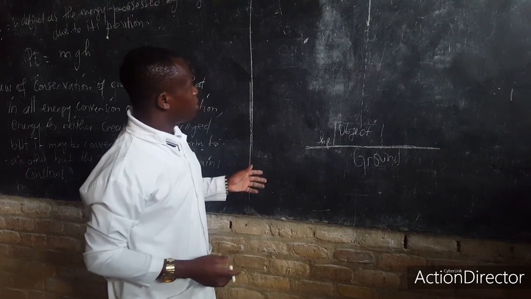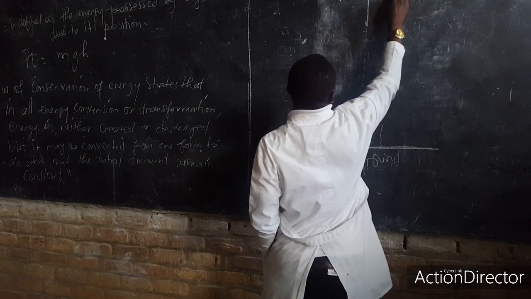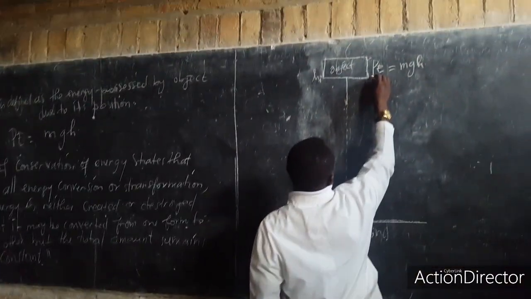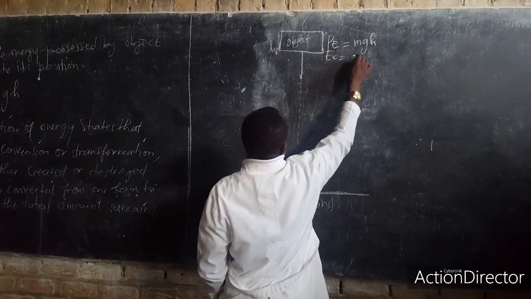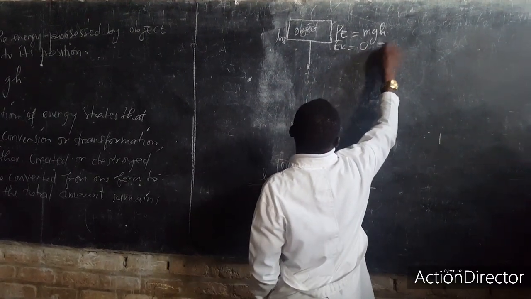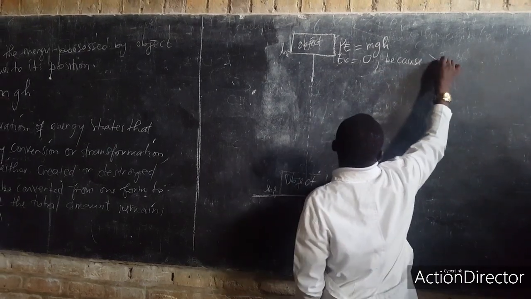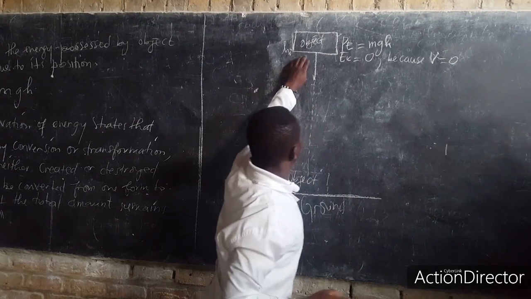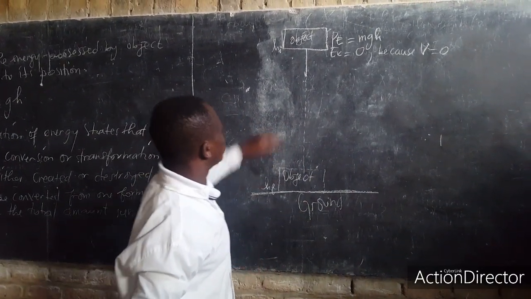Here our object is at rest. This implies that kinetic energy here will be equal to 0, because velocity will be equal to 0, as our object is not in motion, it is not moving.